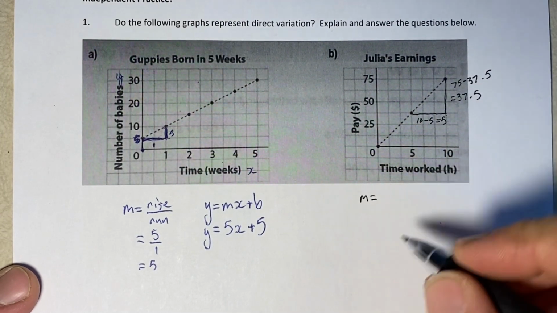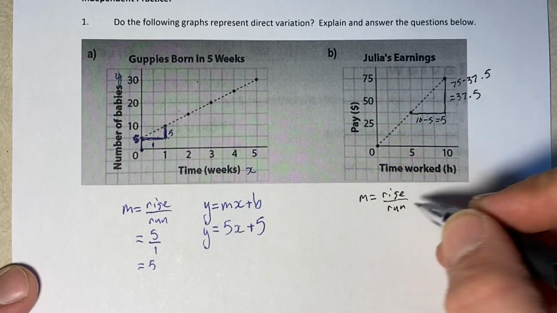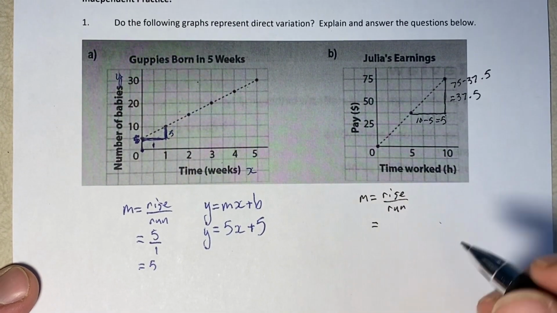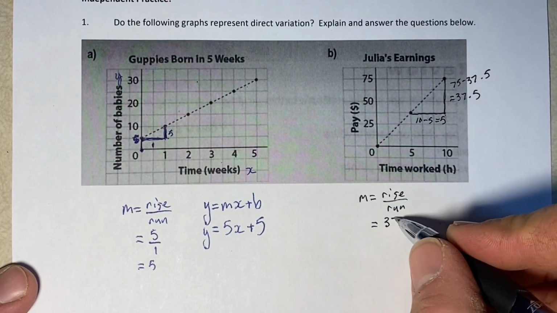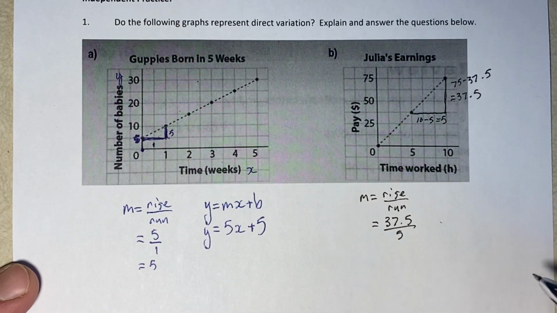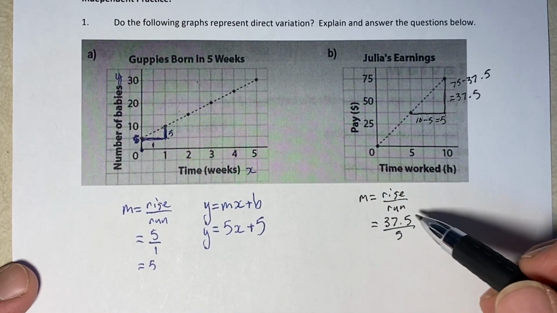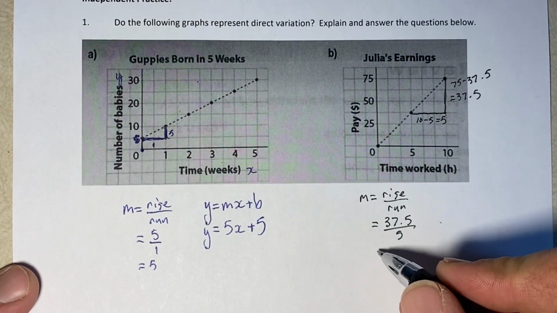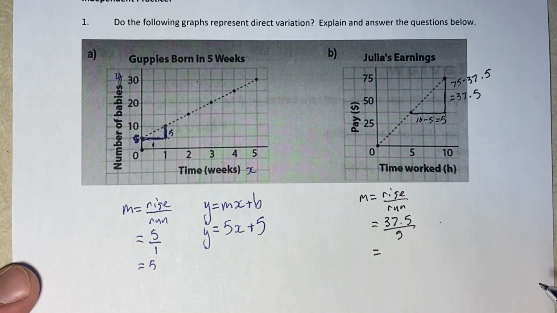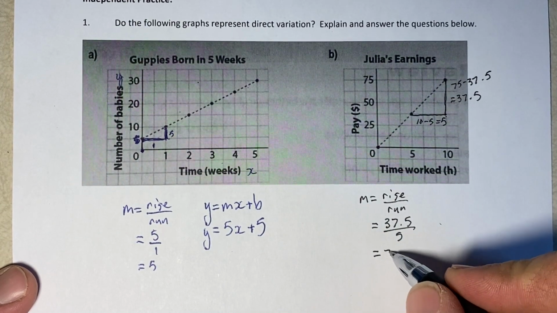So for my slope, I'll always write rise over run so that I can remember that formula. My rise is 37.5, and my run is 5. I can do the division, or I can simplify. I don't like having decimals and fractions all together, so I'll write this as a decimal. 37.5 divided by 5 is 7.5.